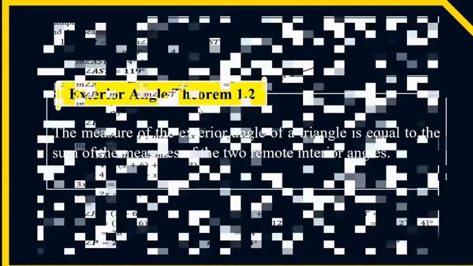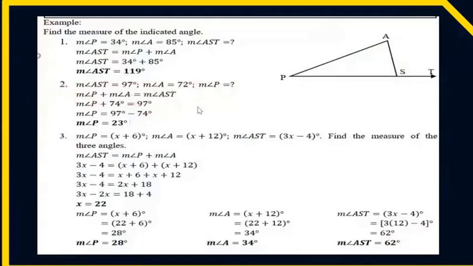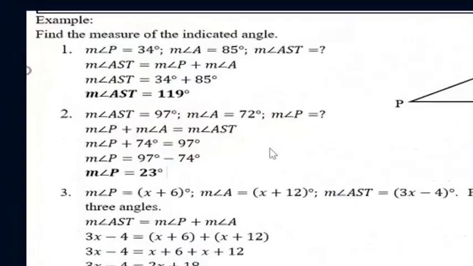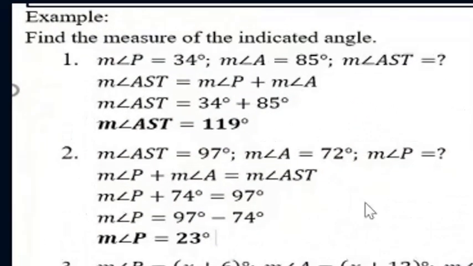So examples, find the measure of the indicated angles. Number one, the measure of angle P is equal to 34, the measure of angle A is equal to 85, and the measure of angle AST is unknown. We have to find the measure of angle AST.